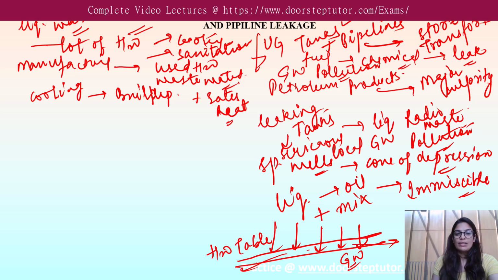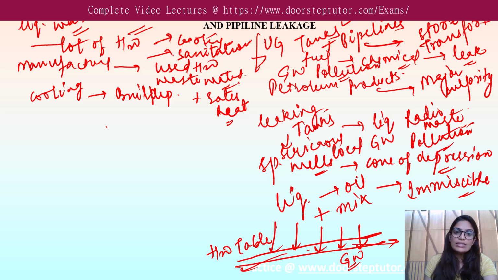So when it is being used for a particular purpose, it's fine enough. But after that, when it is wastewater, it will obviously have some salts, and it will have some heat in it because it has been heated up while performing some of the activities.